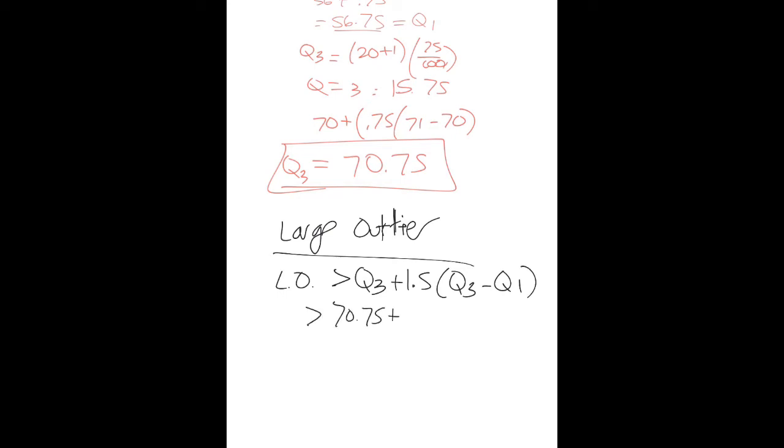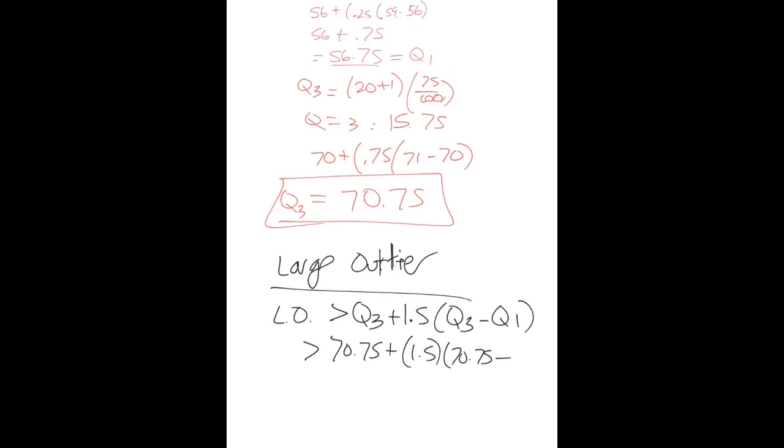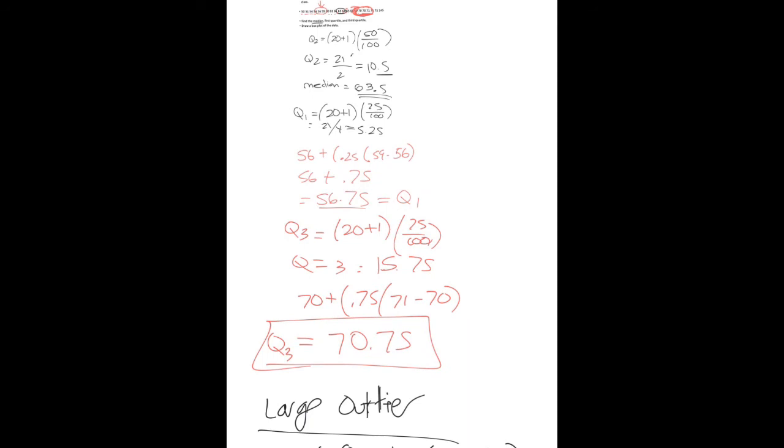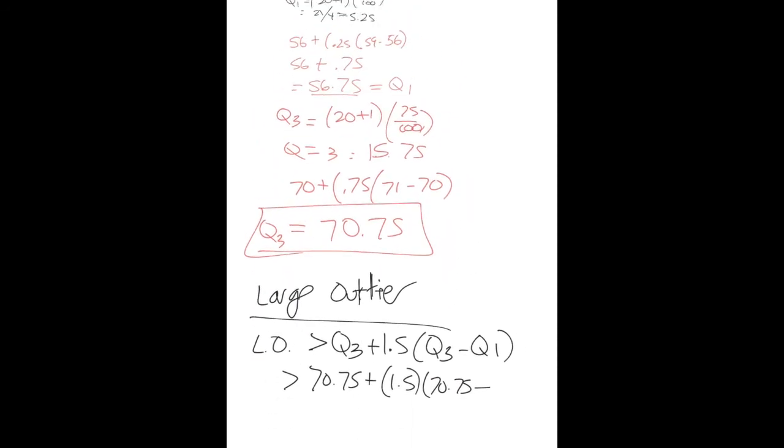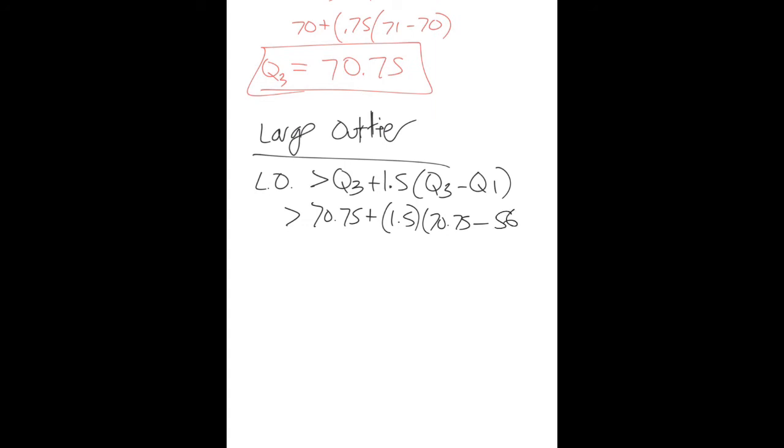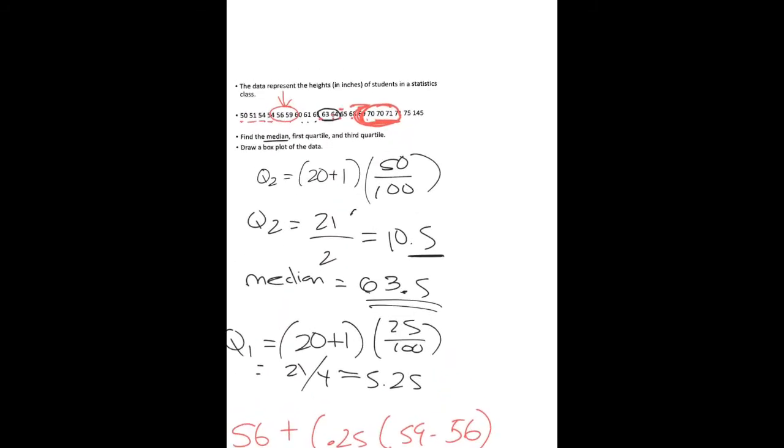Q3 is 70.75 plus 1.5 times (70.75 minus Q1, which was 56.75). Let's see what a large outlier would be. The upper limit of a large outlier would be 96.25. Now let's go to our data set above and see if we have a value greater than that. What we'll notice is we have a value of 145, and this we would consider an outlier.